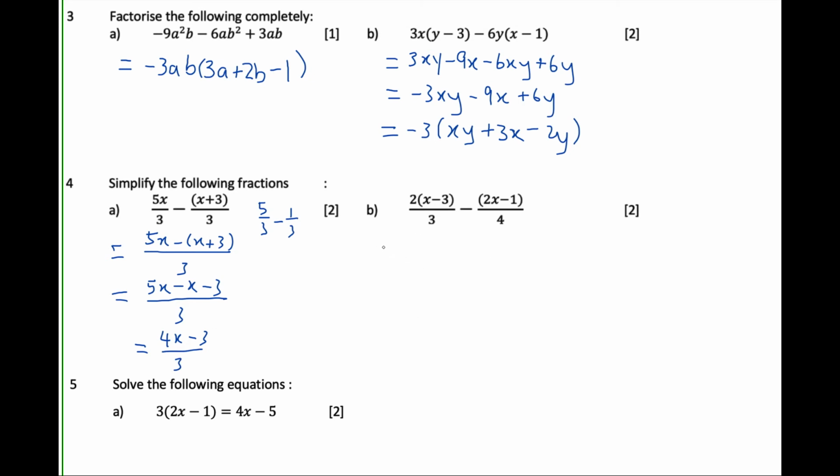In the second example, we don't have a common denominator, so we need to multiply the first by 4 over 4 and the second fraction by 3 over 3. We keep the brackets on, so we have 4 times 2, which is 8.